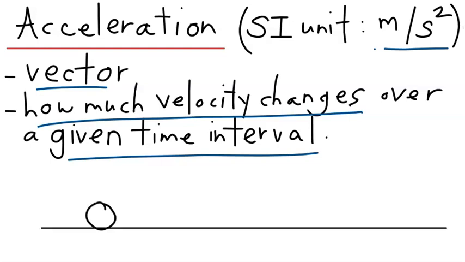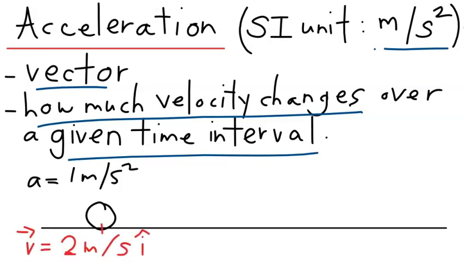What that means is if you have an object with an acceleration of, let's say, 1 meter per second squared, and at some point in time its velocity is 2 meter per second i hat, which means the object is moving to the right.